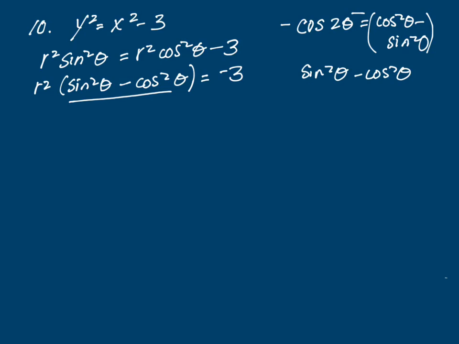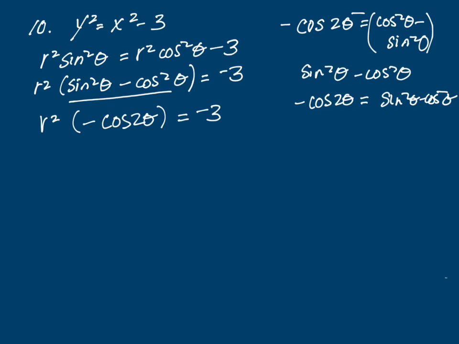That would give me negative cosine 2 theta is sine squared theta minus cosine squared theta. So this is r squared times negative cosine 2 theta equals -3.